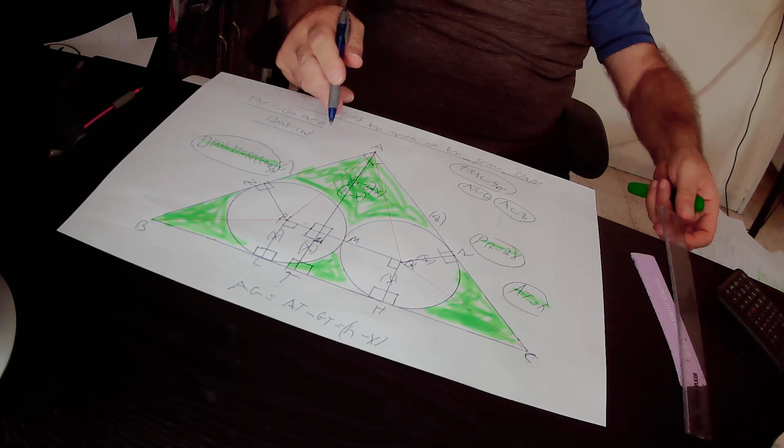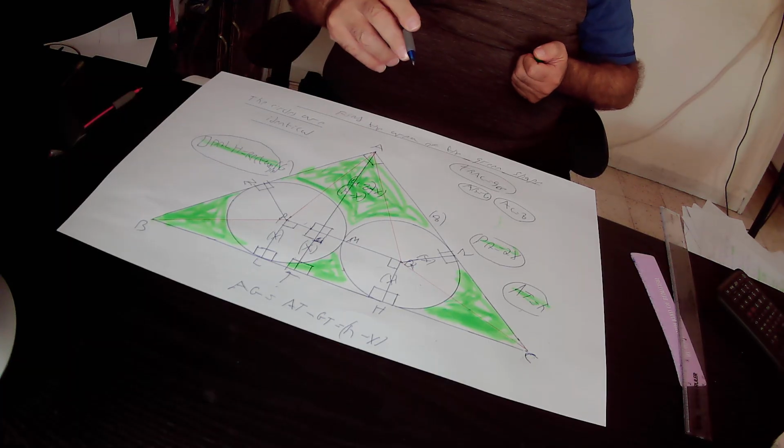Again, the area of triangle ABC must be equal to the sum of the areas of the 6 shapes that it consists of.